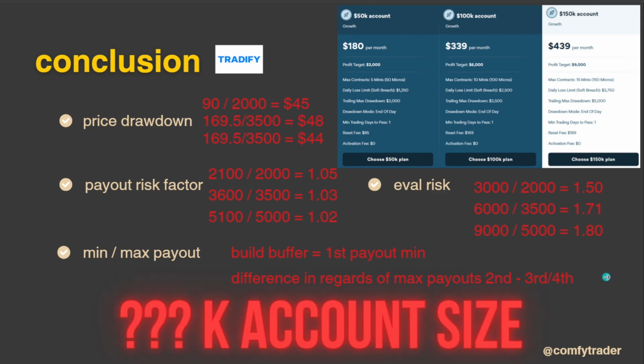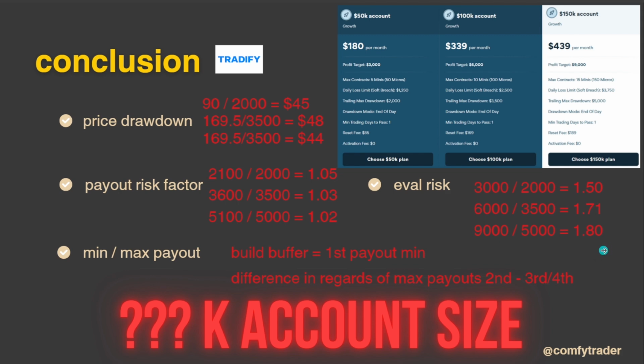So what's the right account size? I can't tell you. I can only tell you, in my opinion, the best one here is the 100k account or the 50k account. They are really narrow. It always depends on your trading style, on your risk awareness.